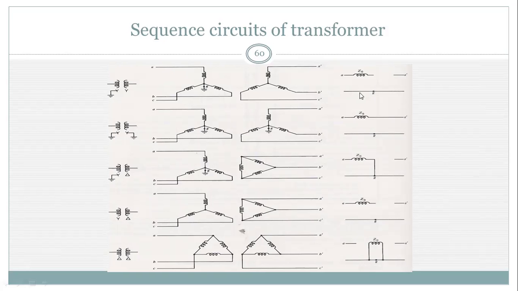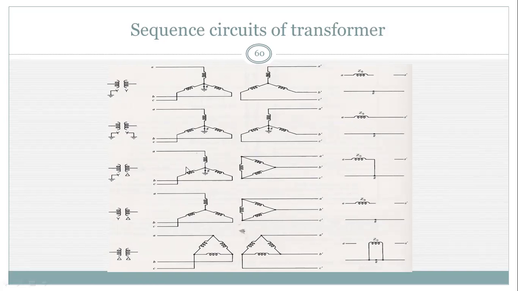And this is the N or neutral or reference bus. This is R. Now for the second row, the symbolic diagram is both Y, but both are grounded now. So if both are grounded, then there will be a zero sequence current flowing from primary to secondary, through Z0 connected primary to secondary.